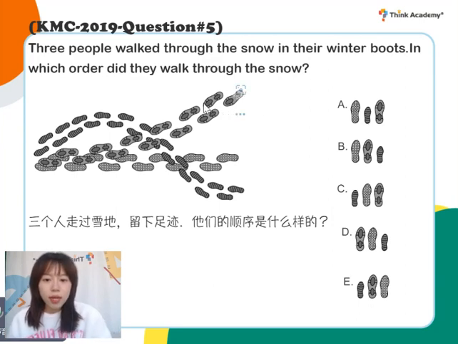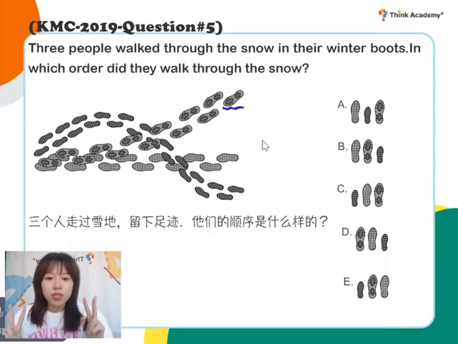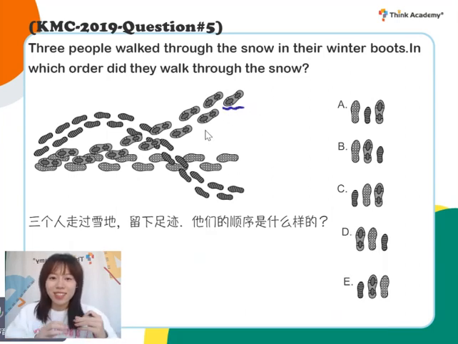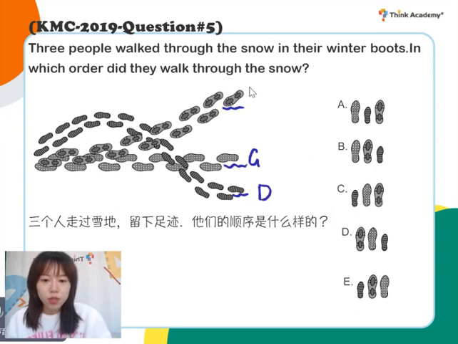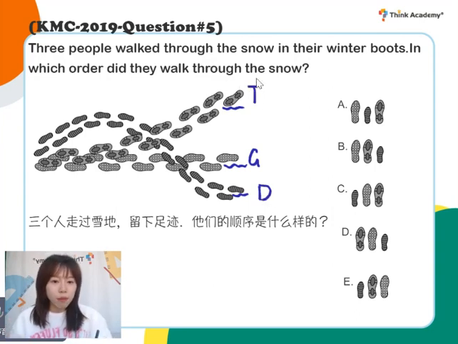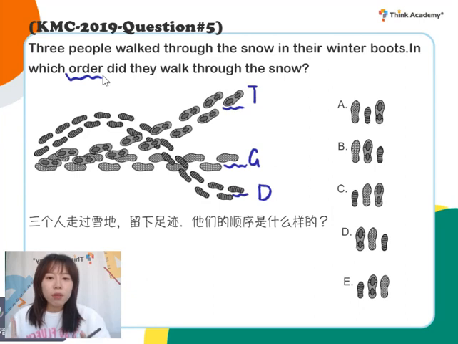So for this one, I call it 2 circles. There are 2 circles. And for this one, I call it the gray one. And this one, we call it the dark one. And this one, 2 circles. So we name them for convenience, then I can call them. Now if we want to know the order, some people give me the order.